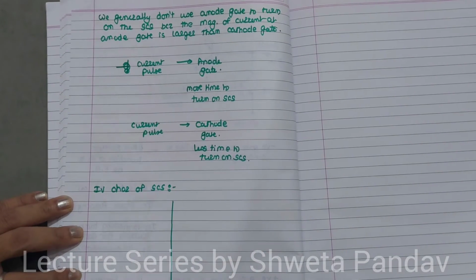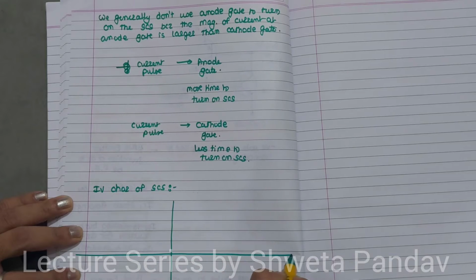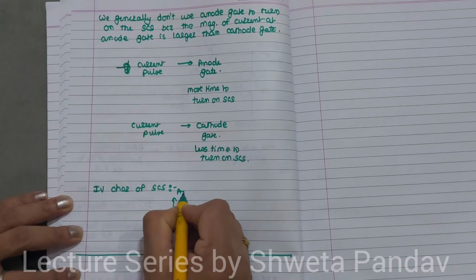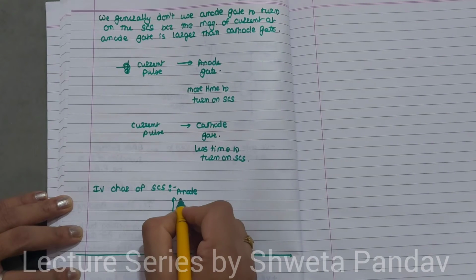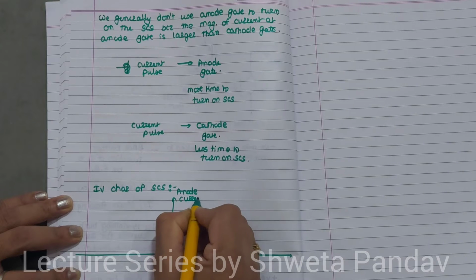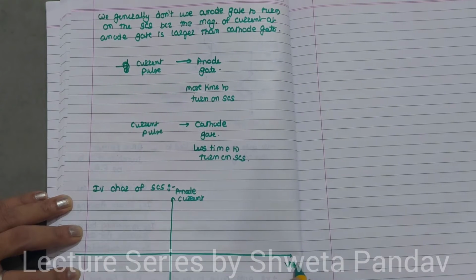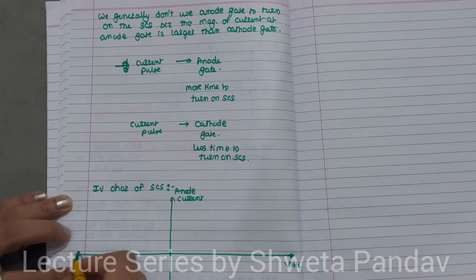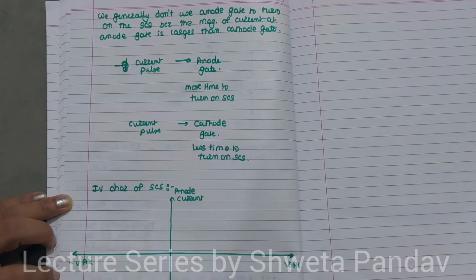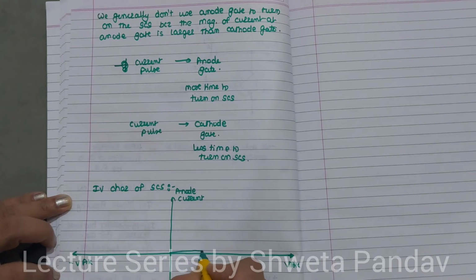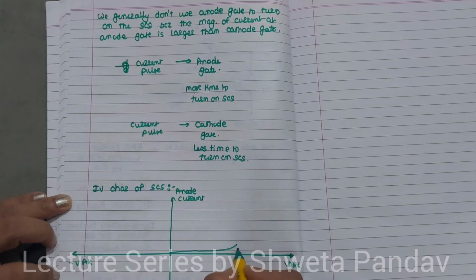It is nothing but the anode current on the y-axis and the voltage across the anode and cathode on the x-axis. Here we are having negative VAK and negative current. Initially the current increases in small steps, and after breakdown occurs, the current starts increasing sharply.